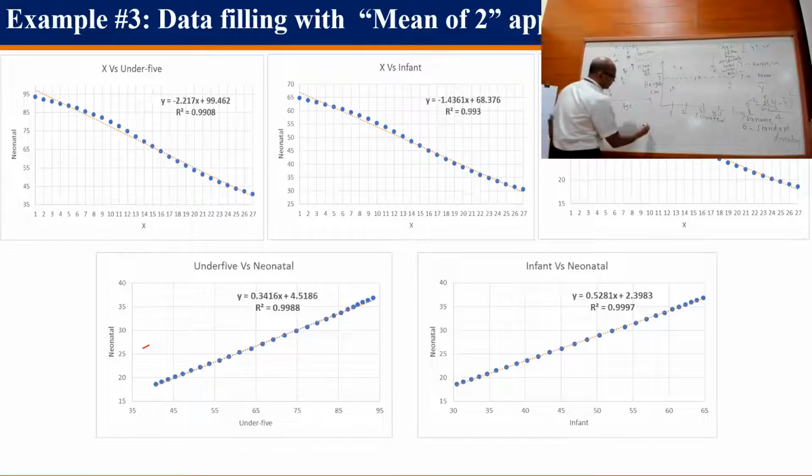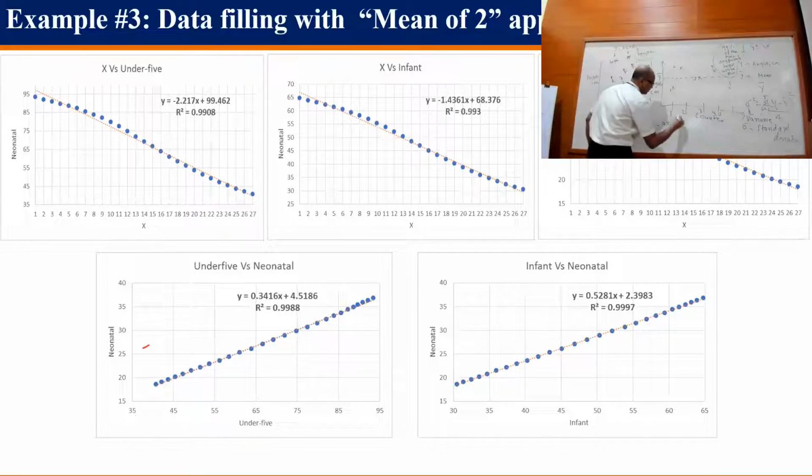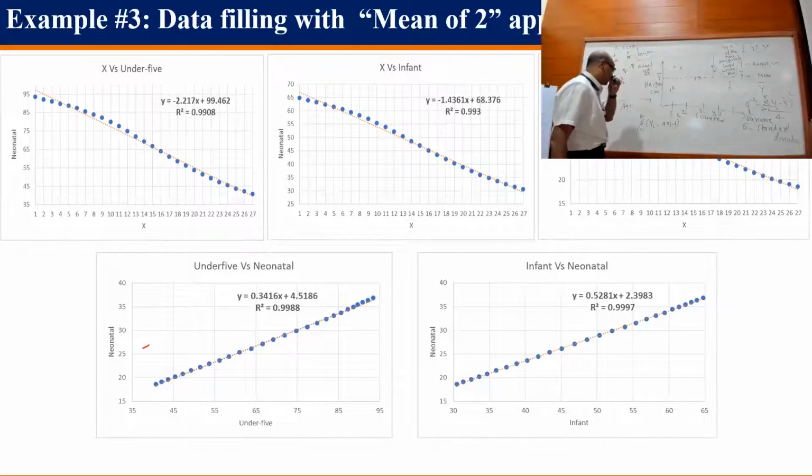Now you do yi minus ax minus b whole square, sigma i equal to 1 to n. That means, tell me the age, I've already found out a and b, I can get a height. Now this will be subtracted from the actual height y data.